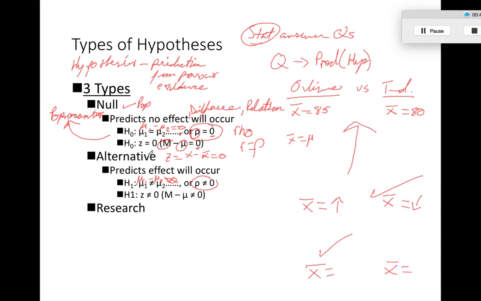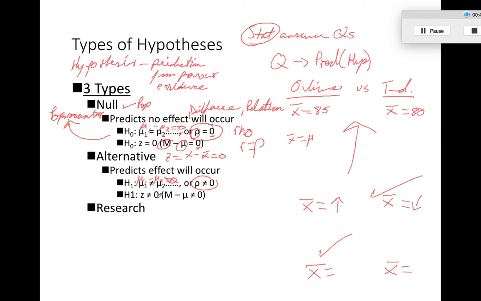The alternative hypothesis predicts the opposite of the null hypothesis. In other words, the alternative hypothesis predicts that there will be an effect, there will be a difference, there will be a relationship. So in our particular case, if we were looking at the differences between two groups, again, online versus traditional, mu1 minus mu2 would not be equal to 0, or mu1 is not equal to mu2, thus the difference between the two groups would not be equal to 0, or rho would not be equal to 0.